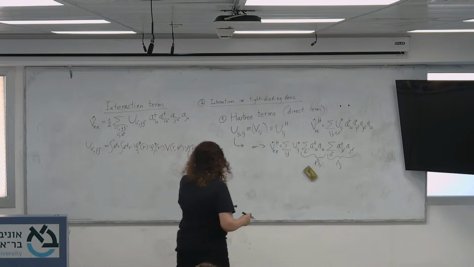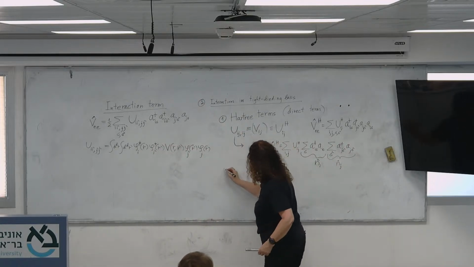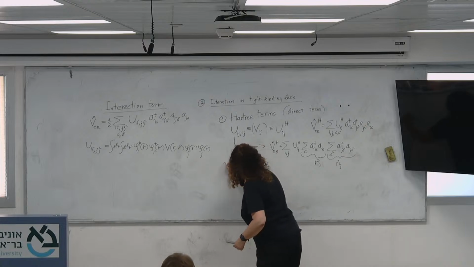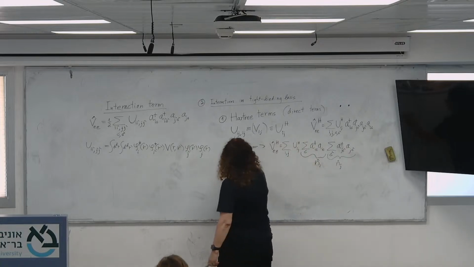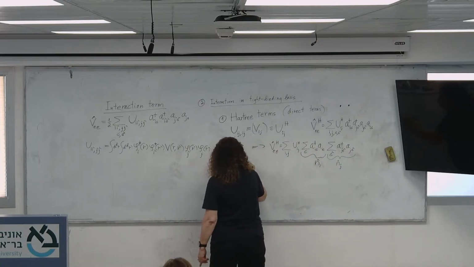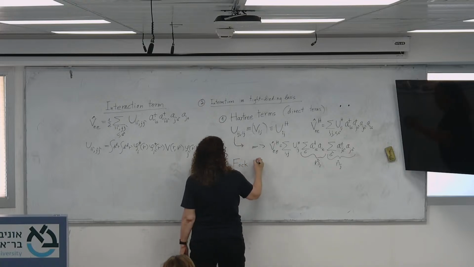But the more interesting one, I don't know if I will complete the three, but at least the two. The next one is called Fock, the same Fock of the Fock states, Fock or exchange.